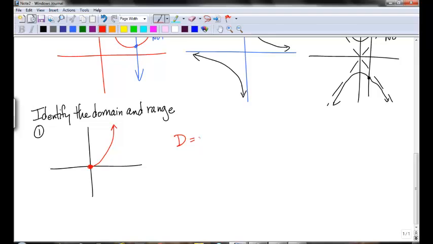As I go left to right, what other x values are there? All of them. Everything greater than or equal to 0. Now, here's the deal. What you're used to using in Algebra 2 and Trig and Pre-Calc, you would have said x is greater than or equal to 0.